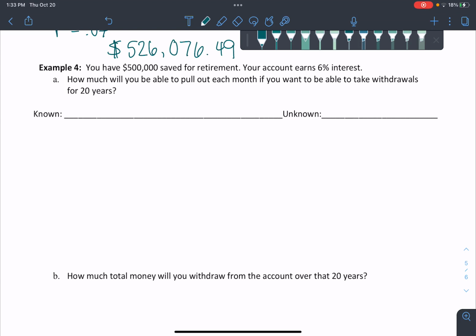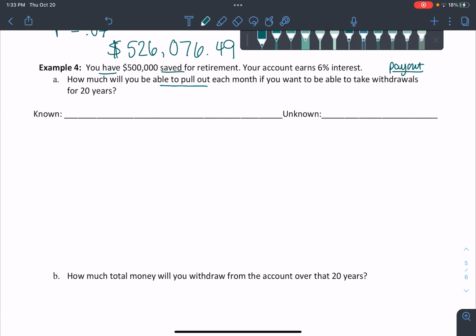It says you have saved, and it wants to know how much you will be able to now pull out. So that tells me it's a payout, right? That's how we know that this is a payout. If you saw this mixed in with other questions, that's how you would know that.